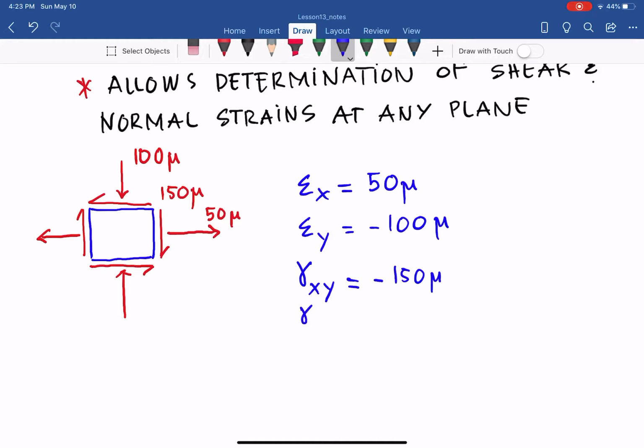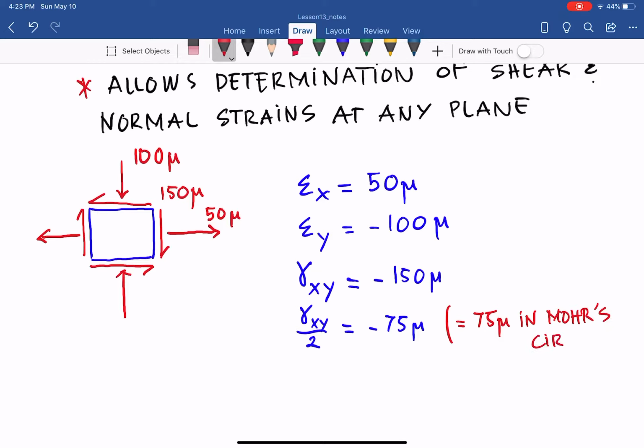So gamma xy over 2 is equal to, divided by 2, negative 75 micro. If we use the Mohr circle, we have a note here: it is equal to 75 micro in the Mohr circle.